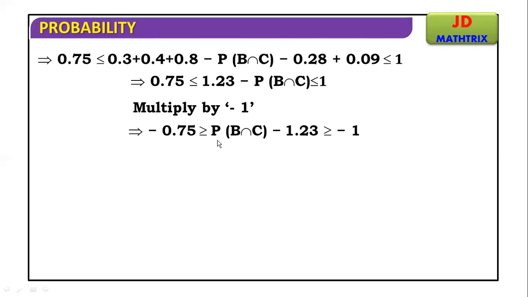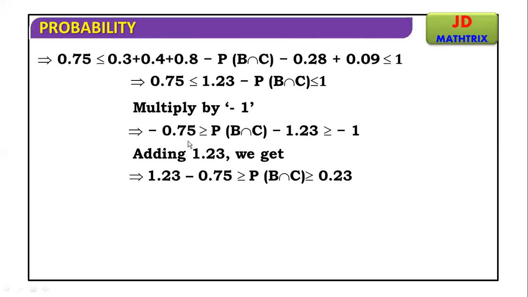Now we have to find only P of B intersection C. So to eliminate minus 1.23, add 1.23 throughout this inequality. So that is 1.23 minus 0.75 greater than or equal to P of B intersection C is greater than or equal to 0.23. So finally this is 0.48.